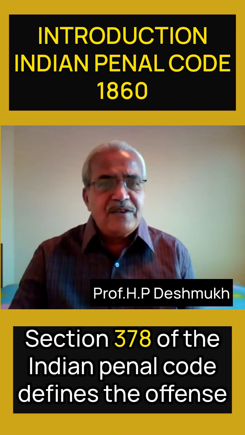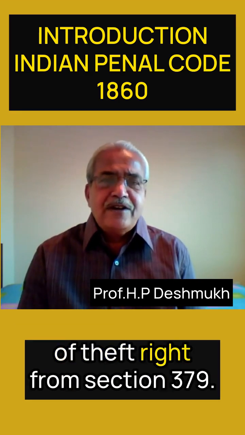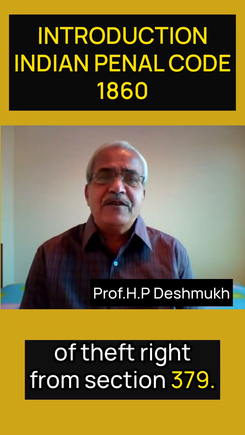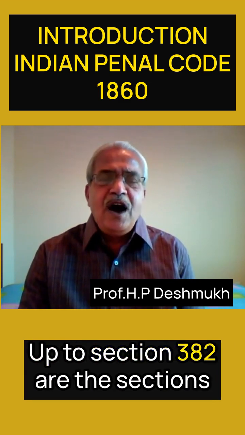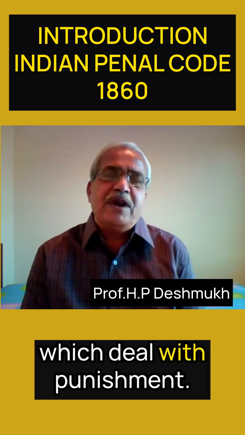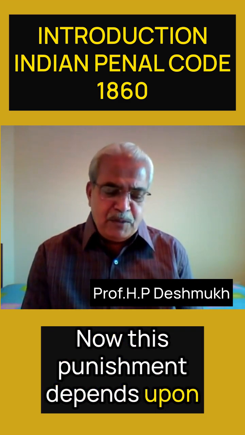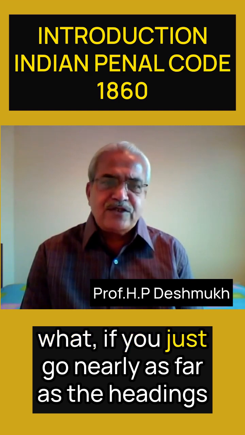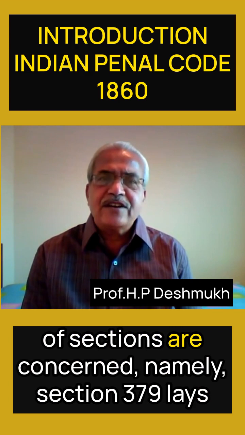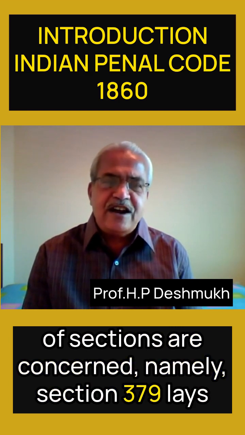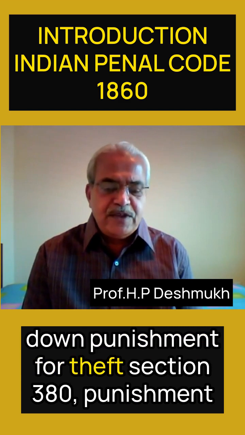Section 378 of the Indian Penal Code defines the offense of theft. Right from section 379 up to section 382 are the sections which deal with punishment. Now, this punishment depends upon what? If you go merely by the headings of the sections, section 379 lays down punishment for theft.